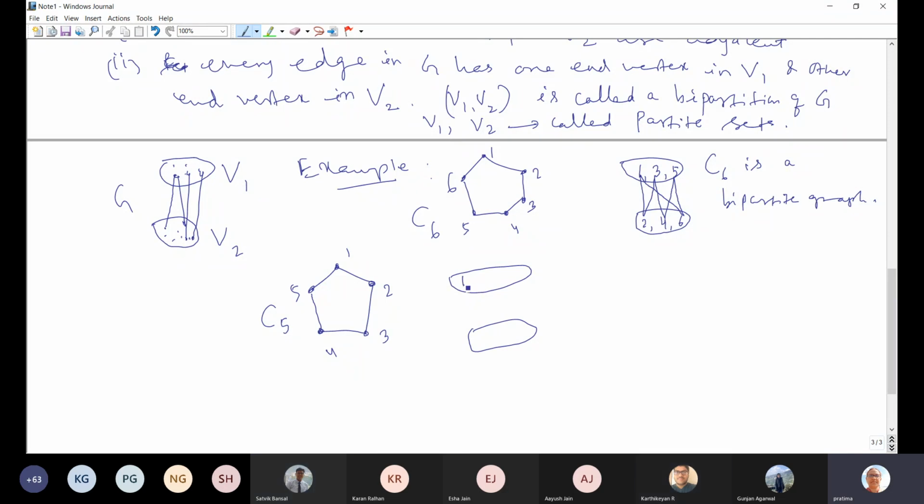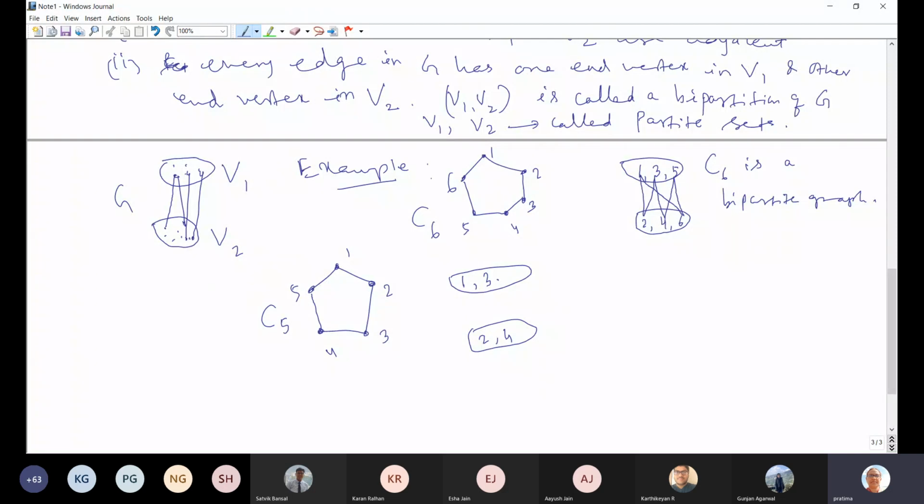Suppose in this part we keep 1. Then 2 is adjacent to 1, so we have to put 2 in the other part. 3 is adjacent to 2 but not adjacent to 1, so we can keep it in the first part. 4 is adjacent to 3 and not adjacent to 2, so we can place it in the second part.